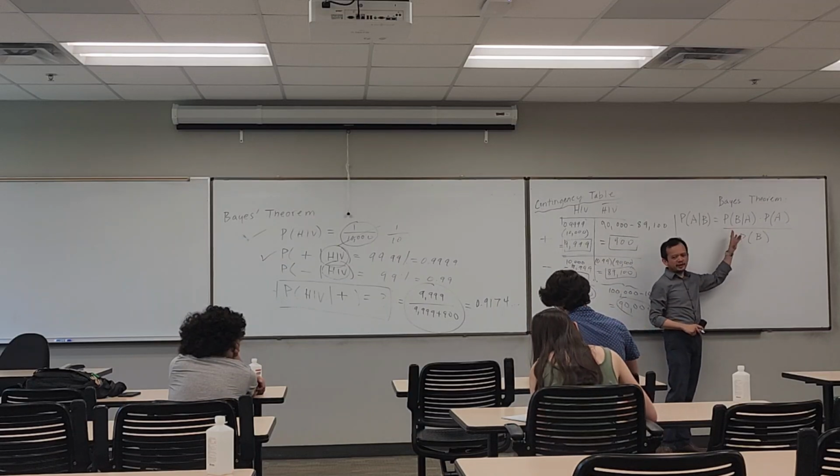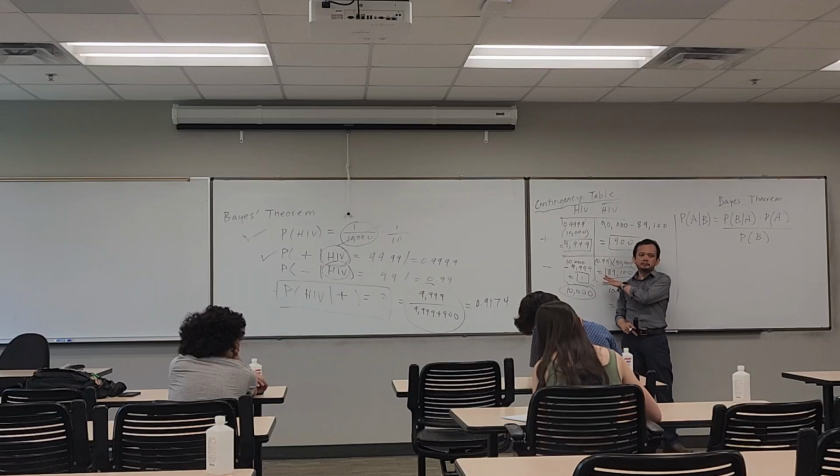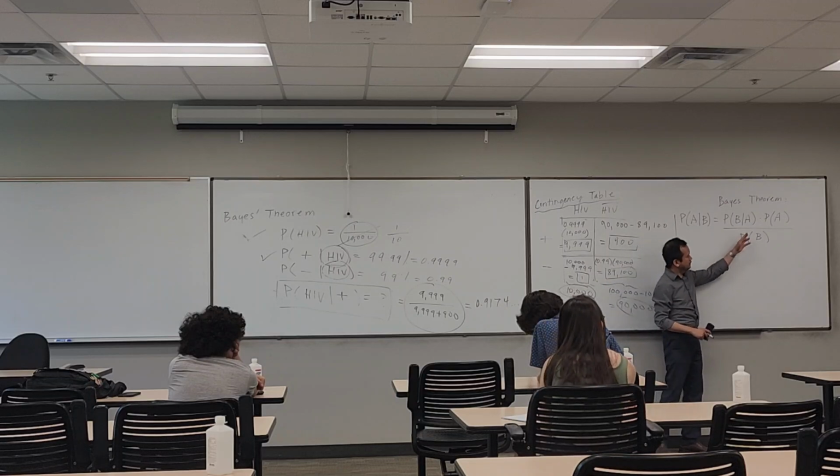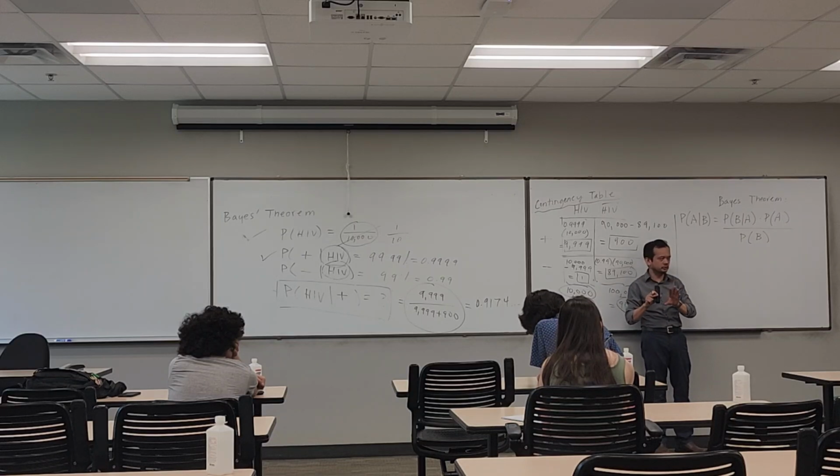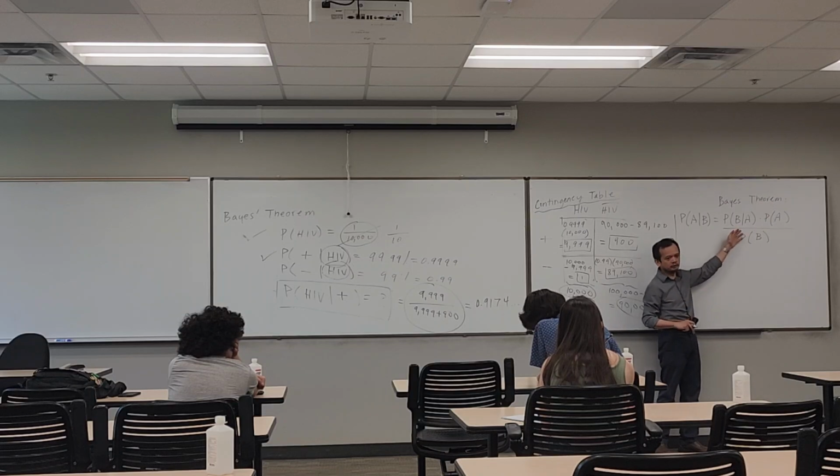So if you're curious where this actually comes from, we talked about the multiplication rule. You remember the multiplication rule has conditional probabilities within it. And if you just manipulate the multiplication rule a little bit, like push symbols around a little bit, you'll see that it equals this.